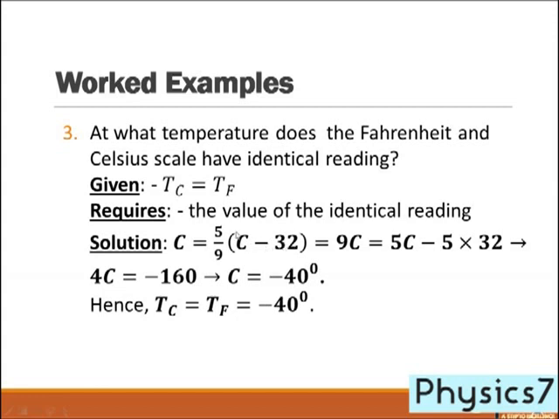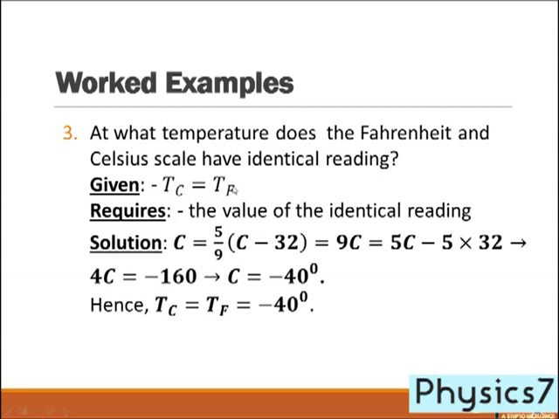But this time what we're going to do is put the temperature in Fahrenheit as C, because we want to know what will be the temperature in degrees Celsius when it's identical to the temperature in degrees Fahrenheit.